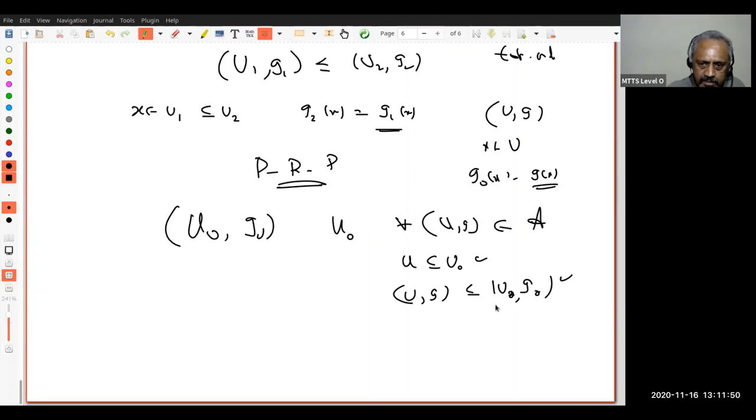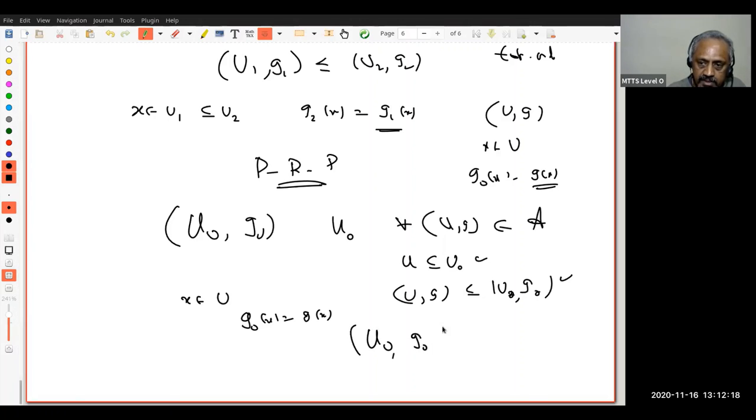Do you follow this? Because if x belongs to u, then g naught of x equals g of x. That's how we define g naught of x: because x belongs to u and u g is in script A, we define g naught of x equal to g of x. Therefore, it looks like an upper bound, but there is something you have to check. What do I have to check?